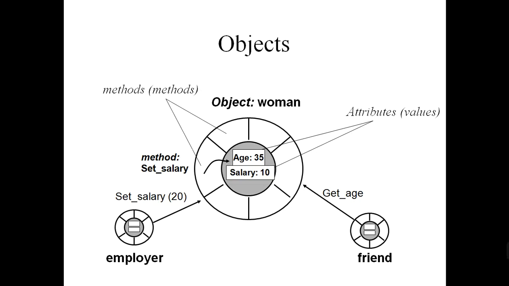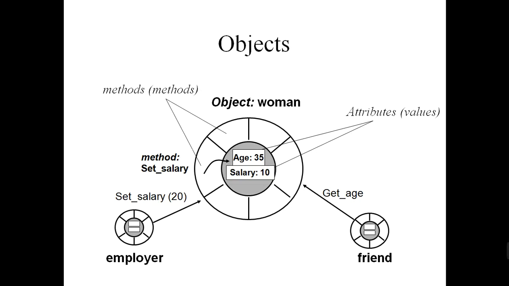We go to next. This is the block diagram of objects. As I already mentioned, an object is a real-world entity. Every item is taken as an object, for example, a person, a bank account, or some other item.